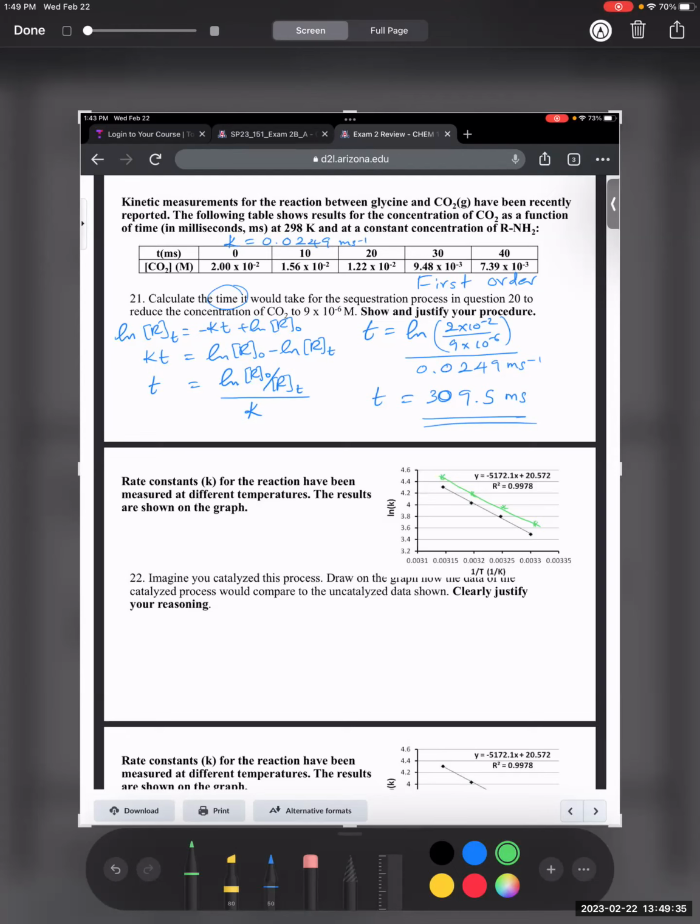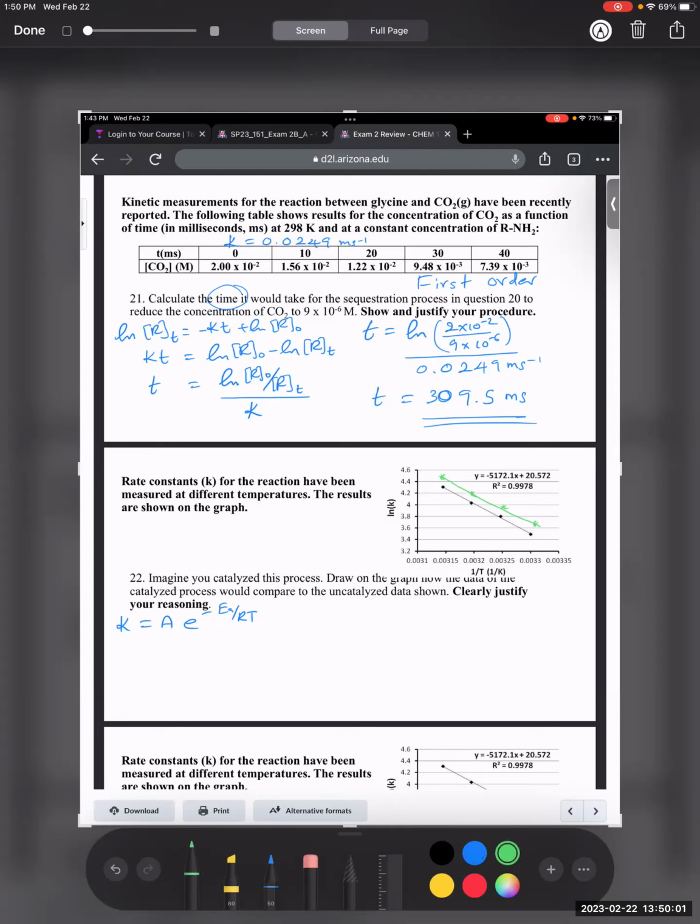Now it all comes down to this. I need to look back just to be consistent here. We know that the rate constant is equal to A times e to the power of minus Ea over RT. At any given temperature, for a catalyzed reaction, the activation energy is going to go down.